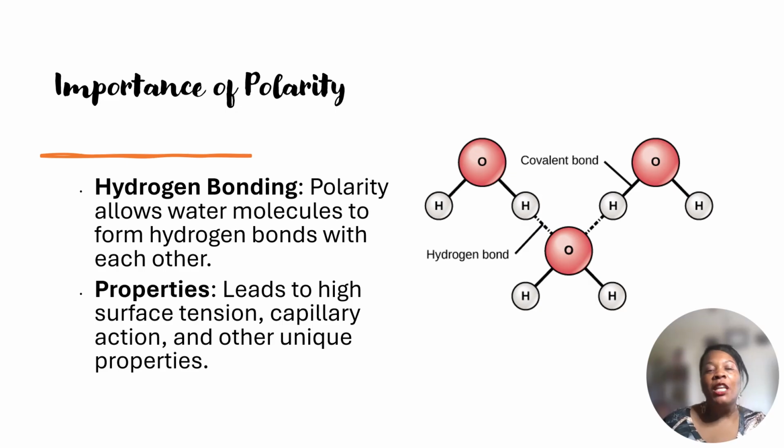But to be more specific, when we say polar covalent bonds, that simply means that one is positive and the other one is negative, and they're both nonmetals, such as in this case with hydrogen and oxygen being attached to each other. Nonpolar covalent bonds are those where it's basically the same element attached to itself.